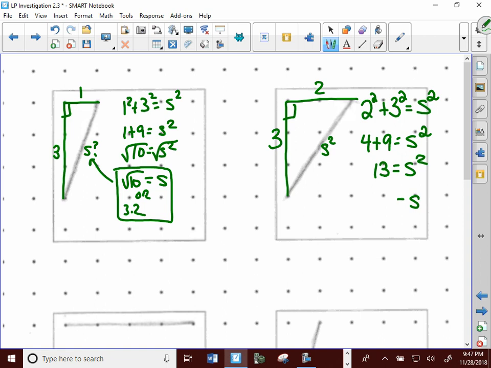When I try to get it down to just the side length, I square root both sides again, and my answer becomes the square root of 13. Or if I want to find the decimal value, I punch it into my calculator, and I get 3.605, so about 3.6. And that would be my side length for that one.